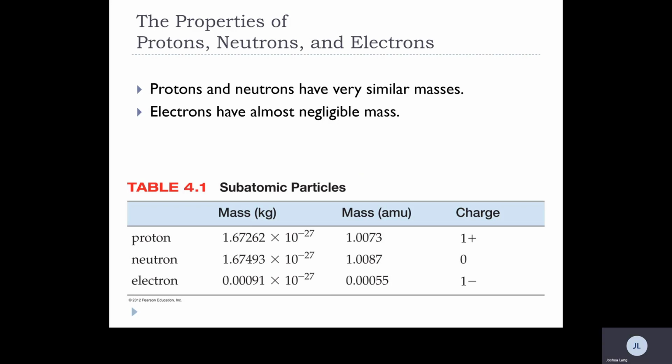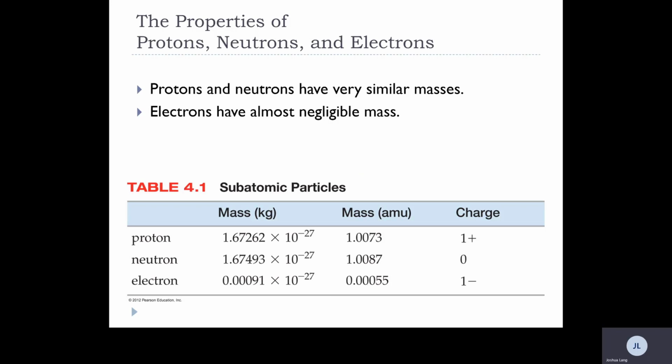We typically will look at things in terms of AMU when we're talking about one atom or components of one atom, okay? That's called atomic mass unit. It's defined as 1/12 the mass of a carbon-12 atom, but we don't care about that right now, just atomic mass unit, okay?